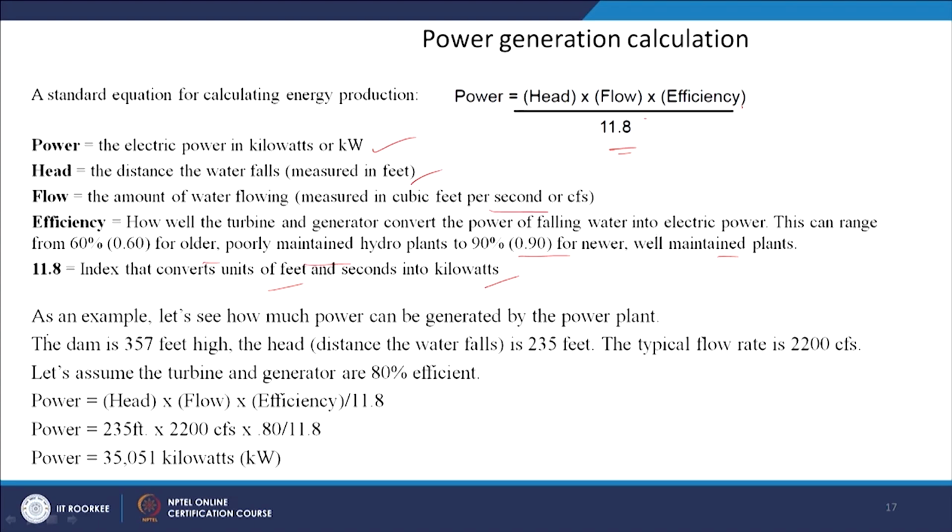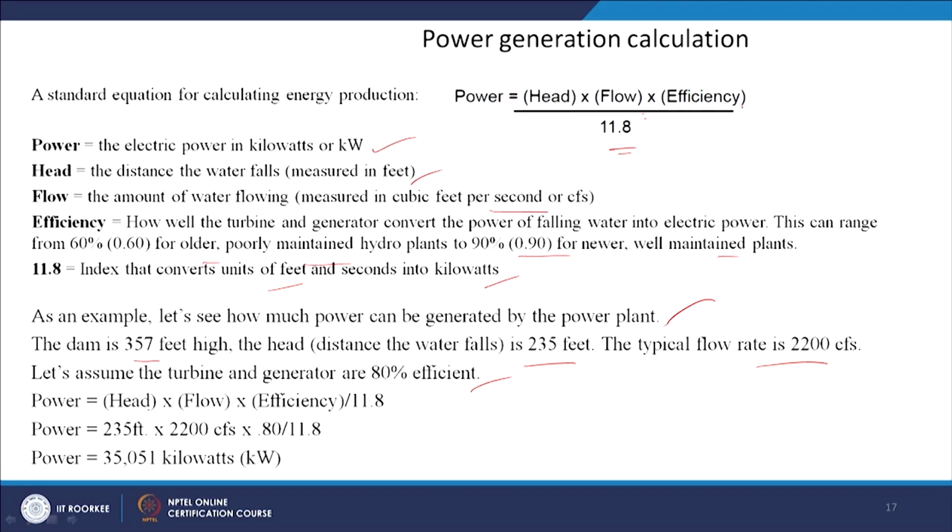As an example, let us see how much power can be generated by a power plant. The dam is 357 feet high, the head is 235 feet, the typical flow rate is 2200 CFS, that is cubic feet per second. Let us assume 80% efficiency of the turbine. In this case, power is equal to head into flow into efficiency by 11.8.